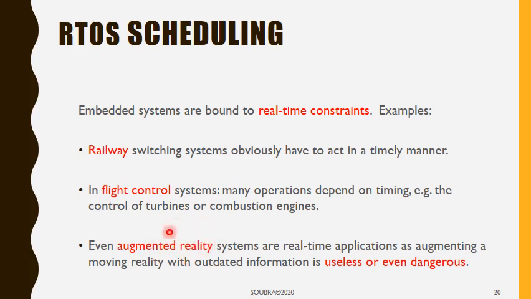And my own personal experience with augmented reality is to have on the windshield of the car the information of the dashboard, so in the visual field of the driver. But you can see that even with systems that implement augmented reality, it's important that the information that is projected shouldn't be outdated.